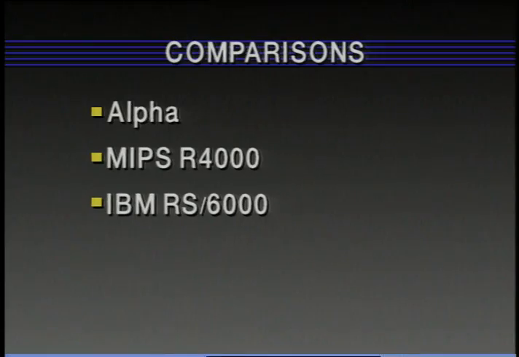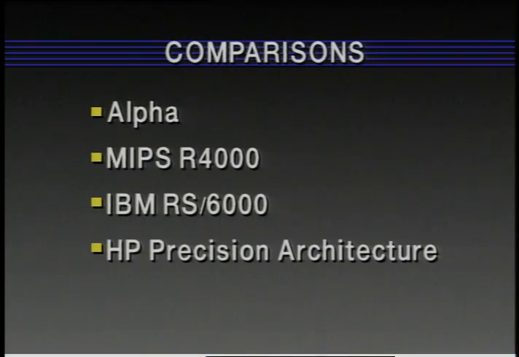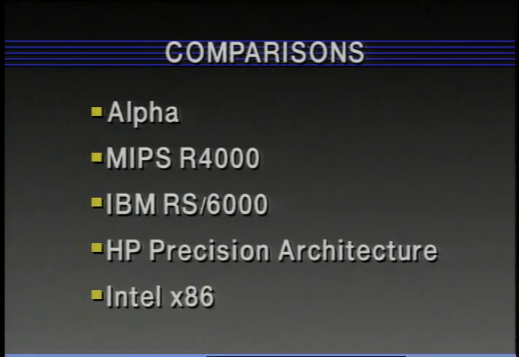More recently, the RS6000 architecture has evolved into the PowerPC architecture, where they have moved to a linear flat address space, and that has many similarities to what we have done in SPARC version 9. The HP Precision architecture is still a 32-bit architecture, using a segmented scheme to get larger than 32-bit addresses. And of course, perhaps the most pervasive microprocessor architecture is that of the Intel x86 family.